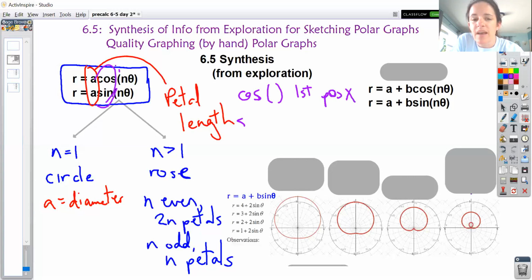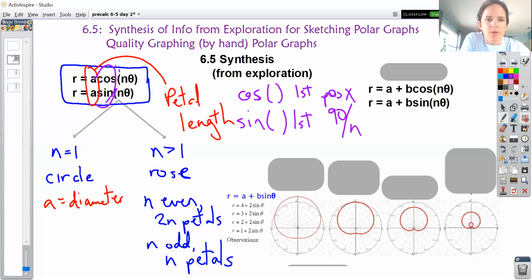But if it was a sine rose of some sort, then the first petal was at 90 divided by n, or pi over 2 divided by n, depending on whether you're in degrees or radians. So that pretty much synthesizes that whole category, which you can actually count as 2 categories because that takes care of circles and roses.